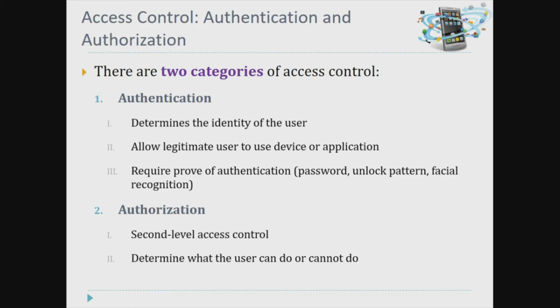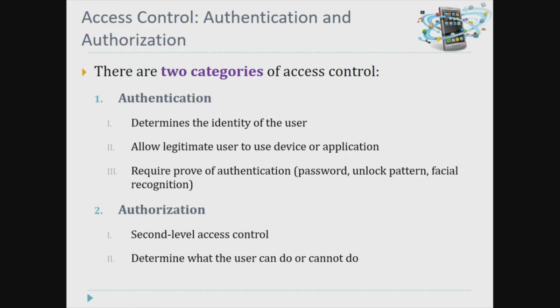Authentication is to determine the identity of the user. Before the user is able to use the mobile application, we need to identify the identity of that user. Second is to allow the legitimate user to use the device or the application. And third, require proof of authentication.